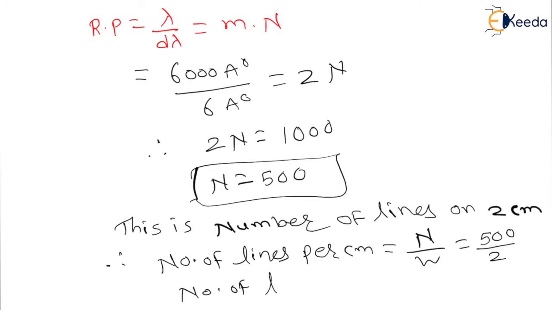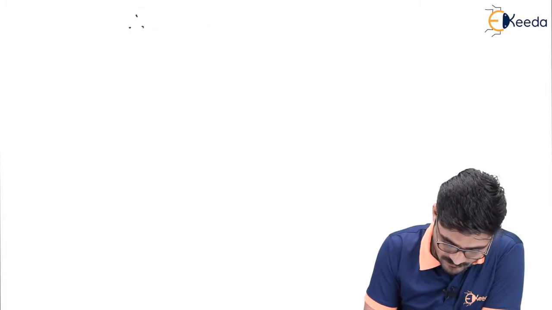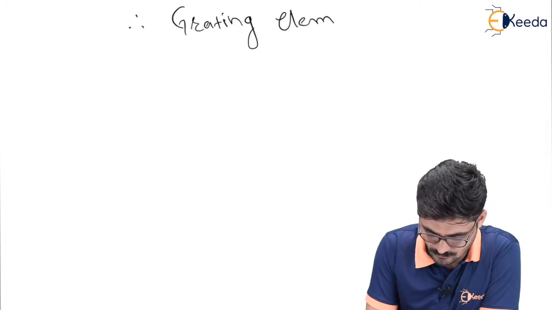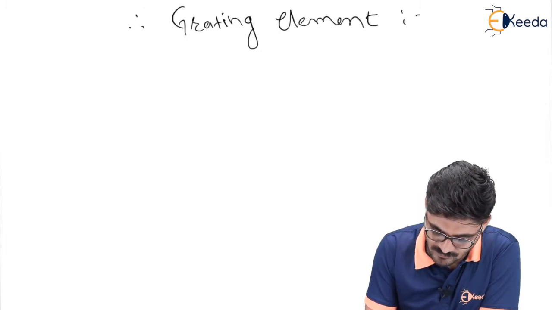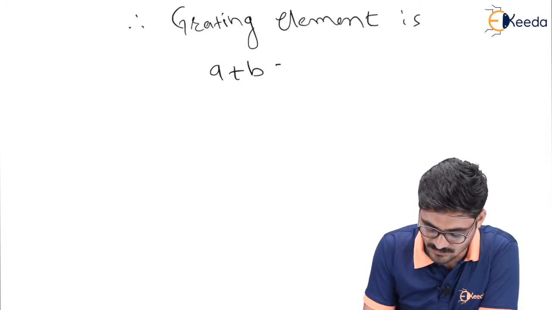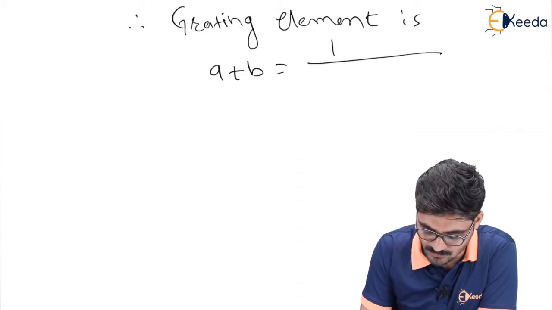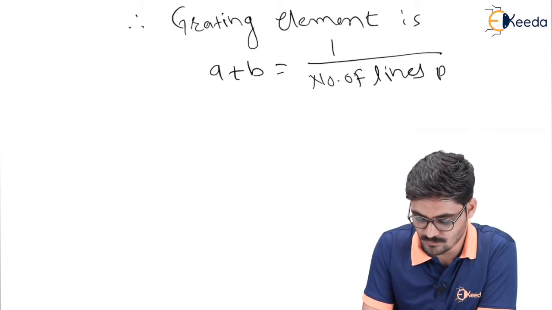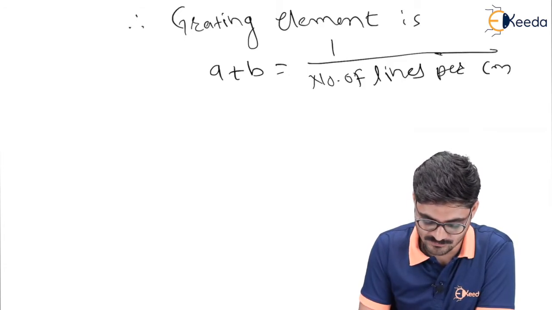So number of lines per centimeter would be obviously 250, right? And then therefore grating element, what is it? a plus b, and that is 1 upon number of lines per centimeter.